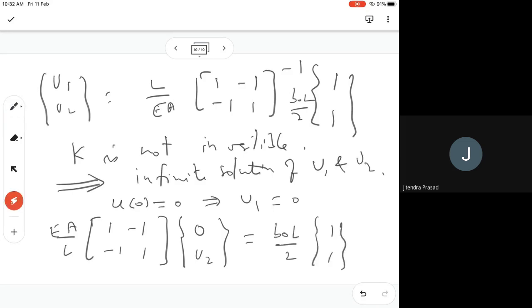So you have this 0 value here. That means you don't take this row, don't take that column, so you have just U2, so EA over L times U2 equal to B naught L over 2, right?